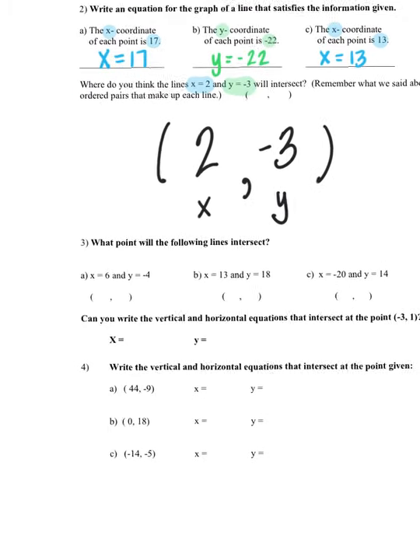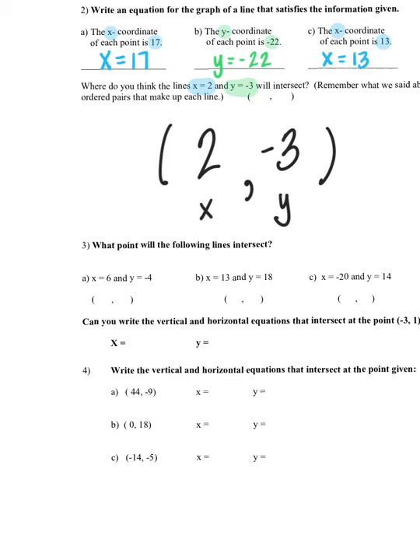So let's do a couple more. A, x equals 6, y equals negative 4. What is our coordinate going to be? 6, negative 4. Again, x equals 13, y equals 18.